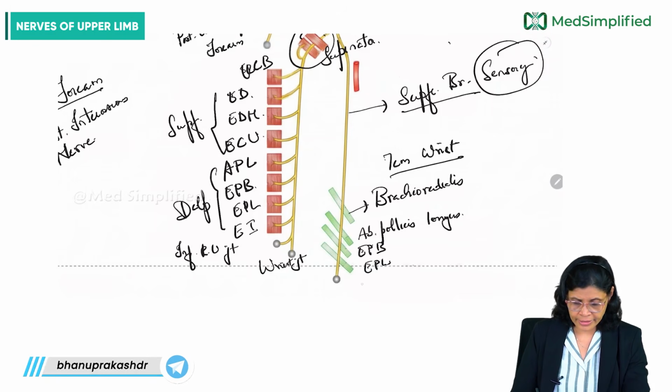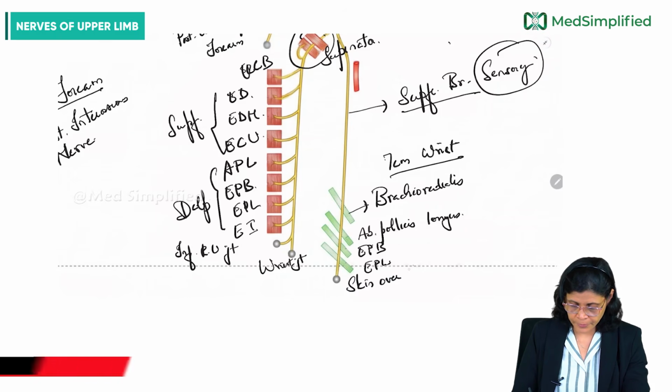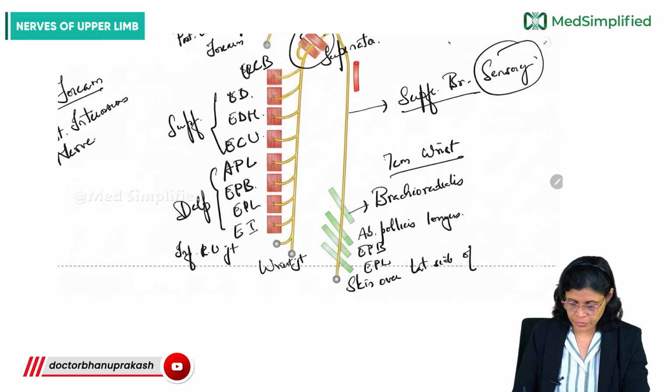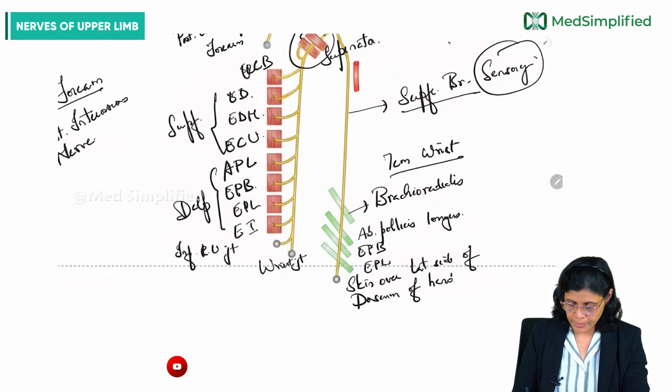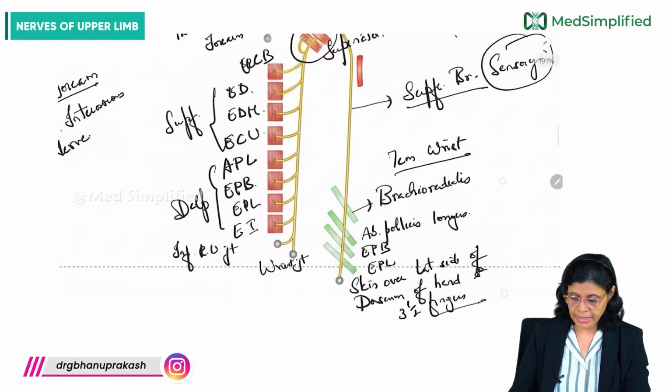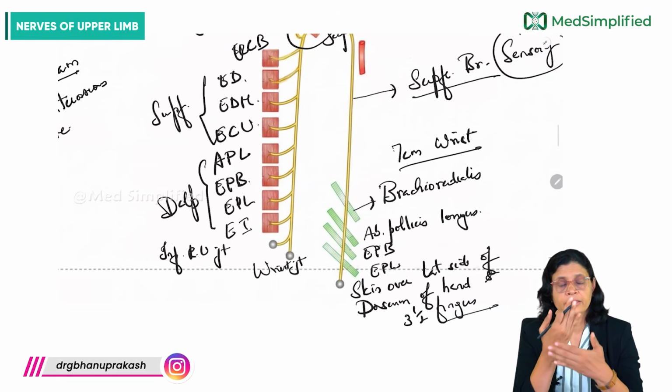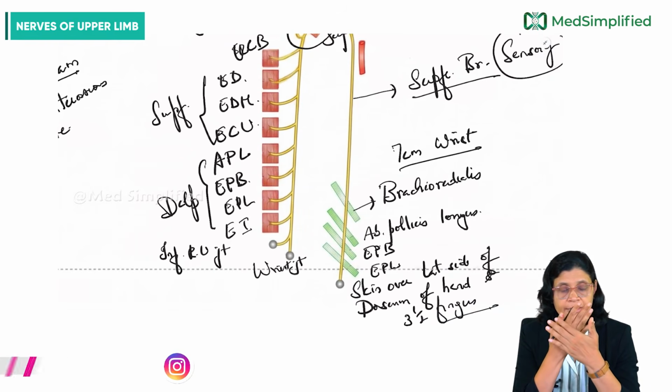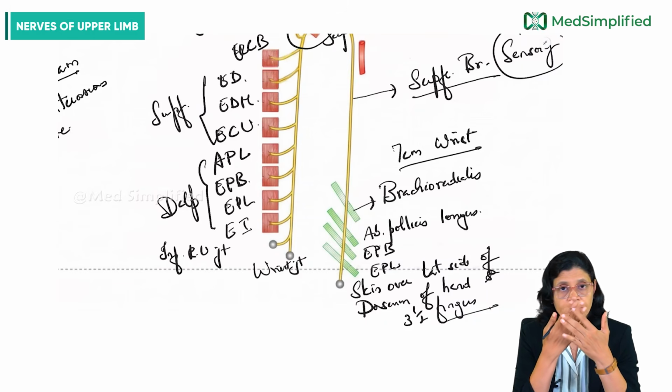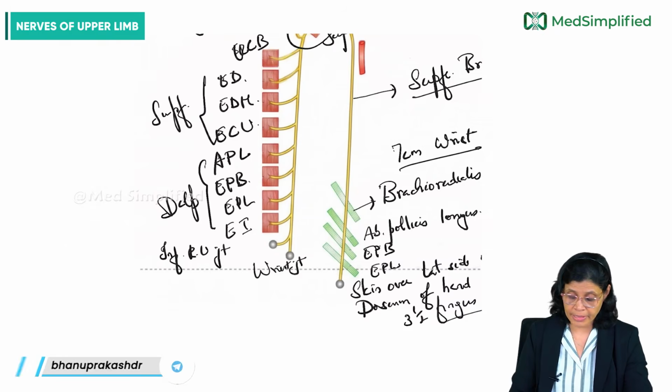And then it terminates as the cutaneous nerve, where it will supply the skin over the lateral side of the dorsum of the hand, as well as the lateral 3.5 fingers up to the nail bed, except the nail beds. The nail bed region is supplied by the median nerve.